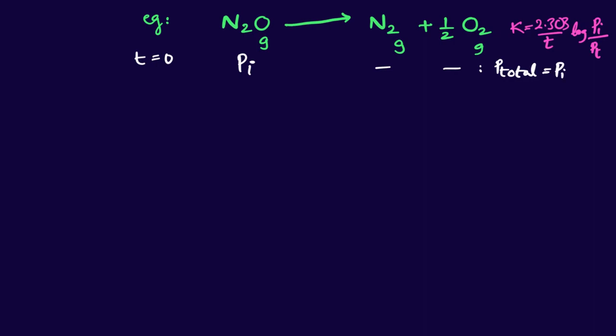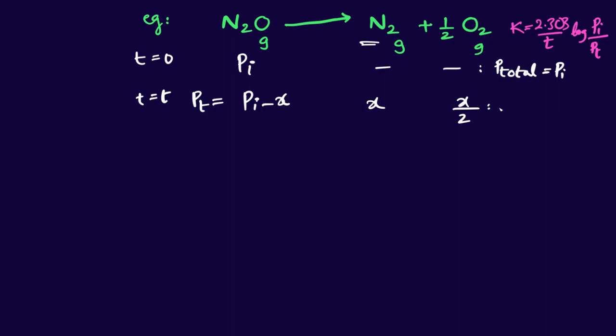Pi. T equal to some T time, this can be represented as Pi minus x. This is pressure at T time. Then here according to stoichiometric equation 1 mole is there. Therefore here 1x. Here half mole is there. Therefore half x, x by 2. Then P total is, I will write down because there is no sufficient space here.